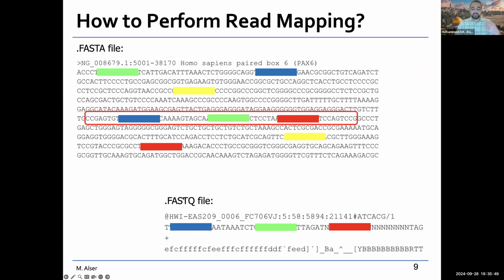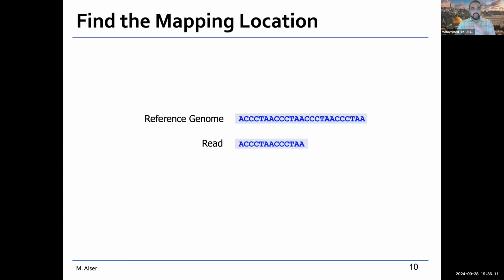And we said because we have 3 seeds appearing next to each other, blue followed by green followed by red, we expect to have them in the exact same way in the FASTA file. So we are looking for blue followed by green followed by red, which is this portion of the reference genome that shares a similarity with the FASTQ file. And then we try to find the mapping location.